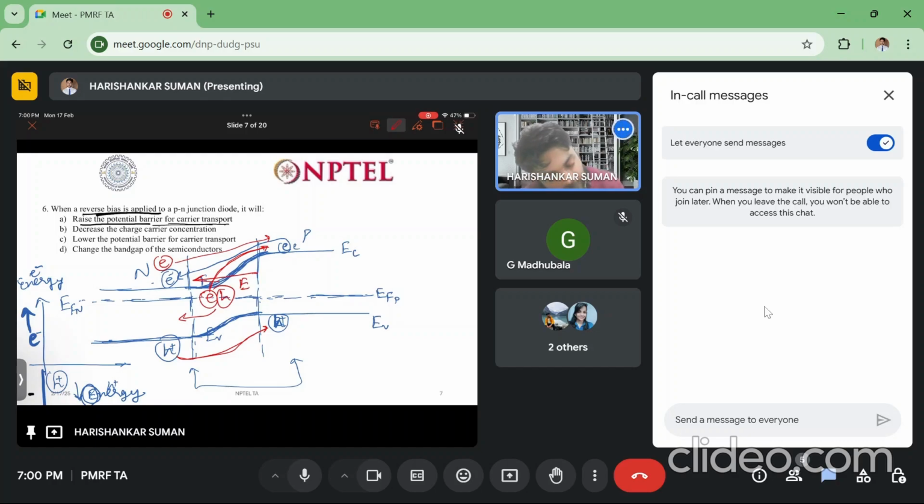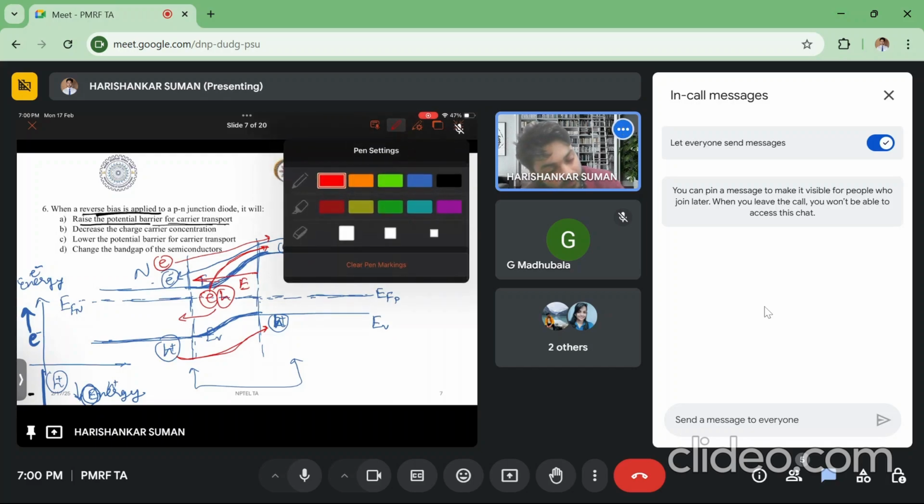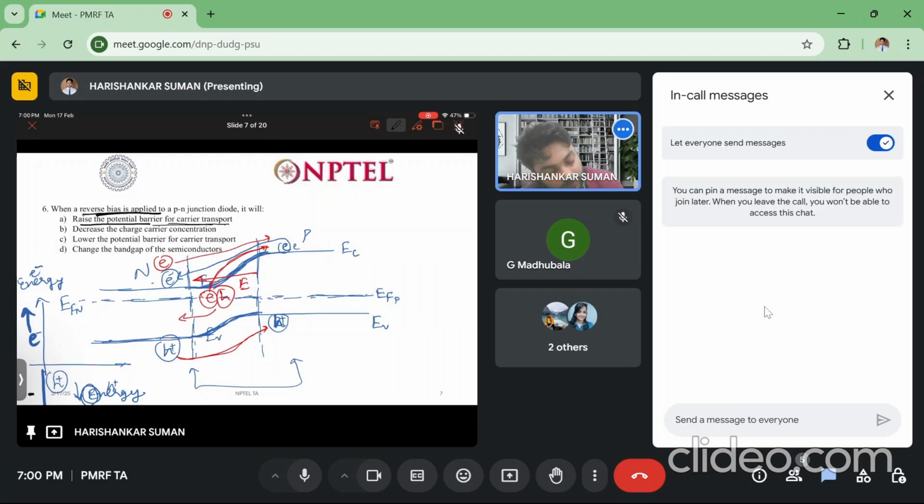But let's say this is without biasing. What will happen if biasing is applied? P is connected to the positive terminal and N is connected to the negative terminal. Okay, so due to the positive terminal they shift more upside, and this goes to the downside.